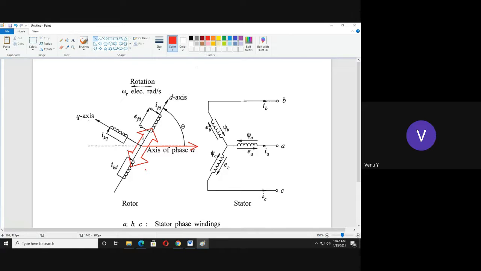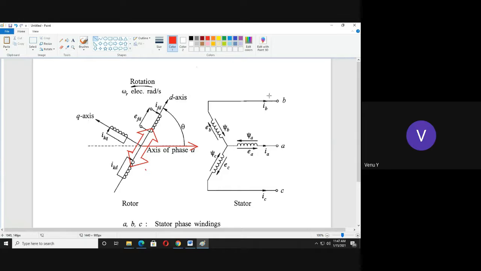The angle between the poles and the quadrature axis is 90 degrees. D axis and Q axis are 90 degrees apart. Q axis is taken as 90 degrees leading the D axis. Already that is assumed.